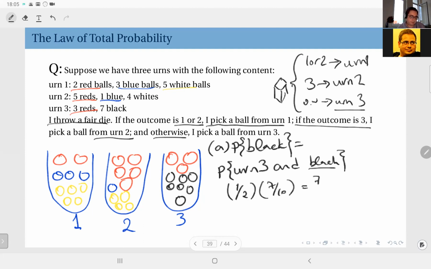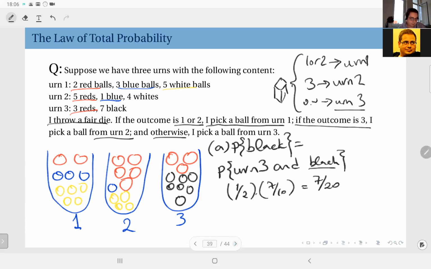So that is 7 divided by 20. Simple enough. Here I used a product rule because I assumed the result of the die is independent of how I select a ball from an urn. It just gives me the selection of the urn. So the probability is 7 divided by 20. That was easy enough, and I didn't even use the law of total probability.